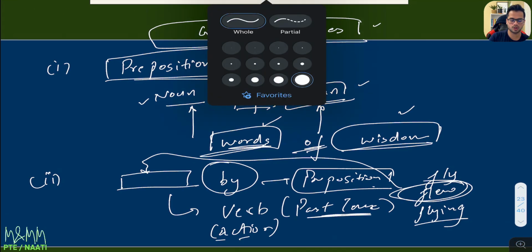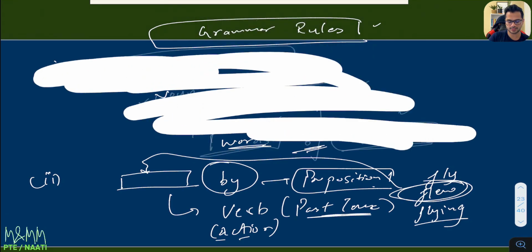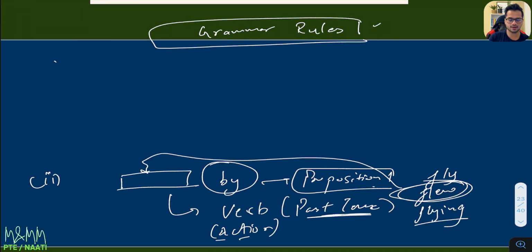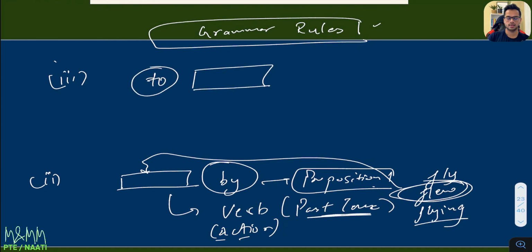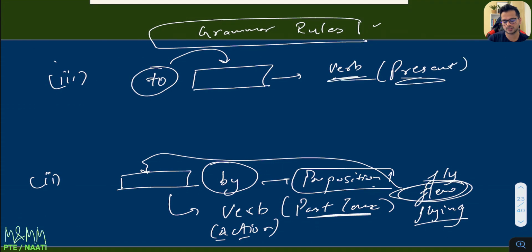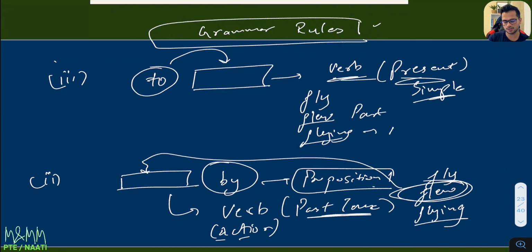And there's another grammar rule I would say for the same concept, for the same verb, but this time, let's say, so that's my number 3 grammar rule, to dash. So to, if you see a blank after the word to, this time it is again going to be a verb, but this time in the present tense, present simple tense. For example, so this time if I give you the option fly, flew, flying, flew is in the past, flying is present, but it's present continuous, fly is present simple.